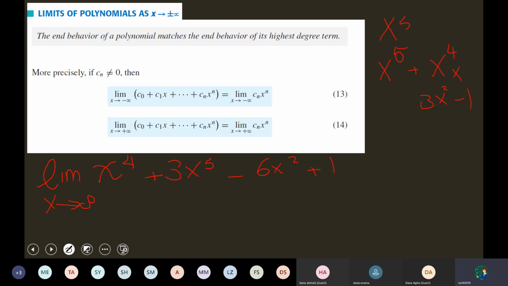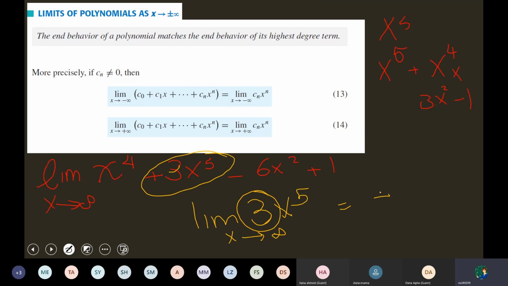Which is the highest degree term here? 3x raised to the power 5. I take it only. Then I say limit of 3x raised to the power 5 when x approaches infinity. I will solve it as we did here. Positive infinity raised to the power 5 is also positive, and the answer will be positive infinity. Is it clear?